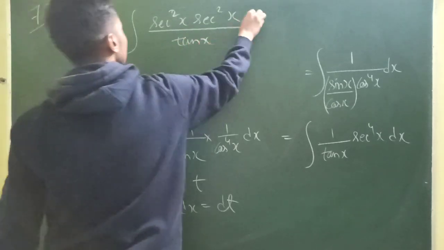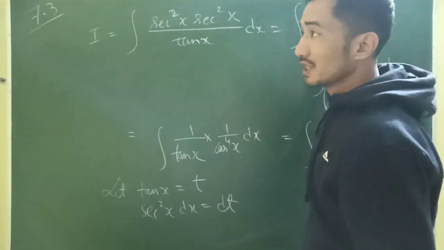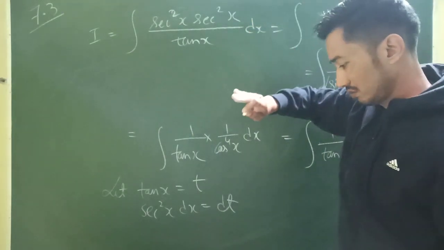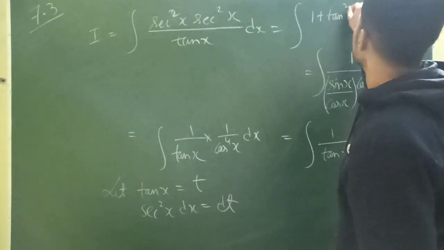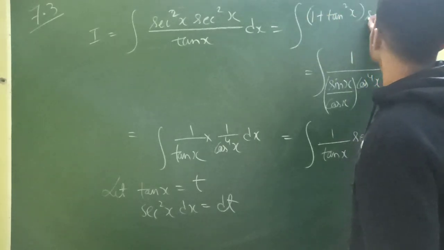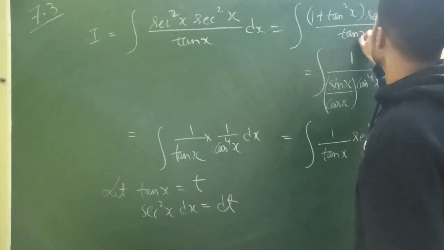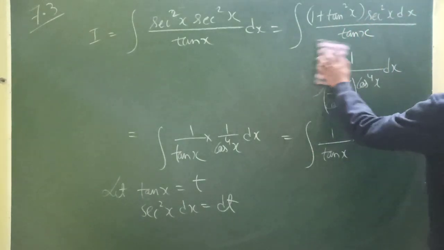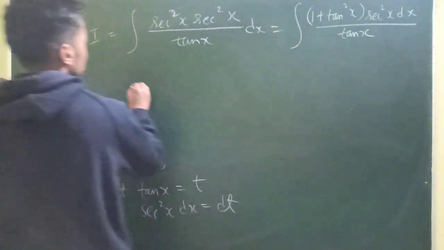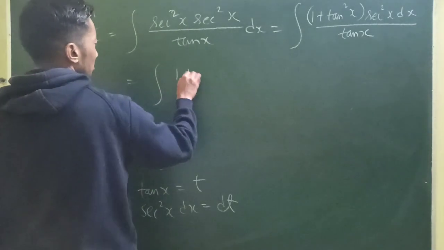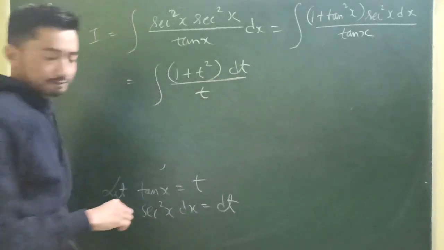We made one mistake in the previous question. 1 plus tan square x is sec square x, with respect to x, by tan x. With the substitution, that will be 1 plus t square, dt by t.